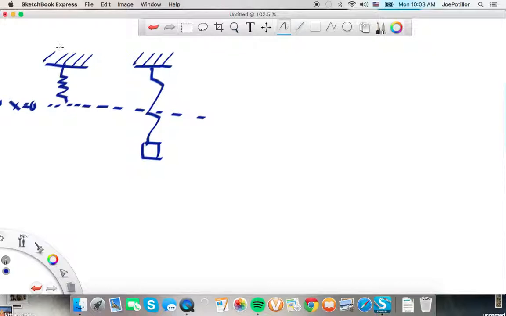So equilibrium in this situation is not quite at x equals 0.